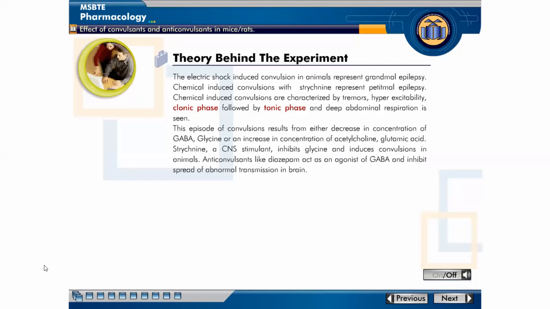This episode of convulsions results from either a decrease in the concentration of GABA and glycine, or an increase in the concentration of acetylcholine and glutamic acid. Strychnine, a CNS stimulant, inhibits glycine and induces convulsion in animals. Anticonvulsants like diazepam act as an agonist of GABA and inhibit the spread of abnormal transmission in the brain.